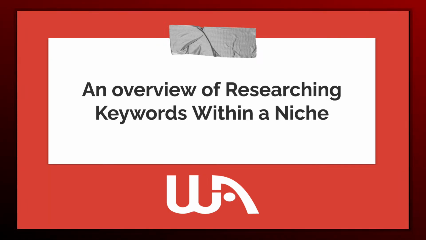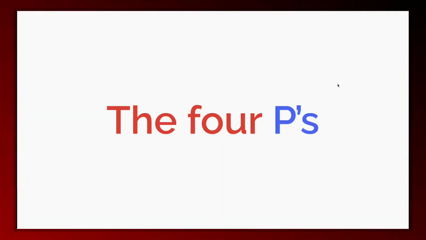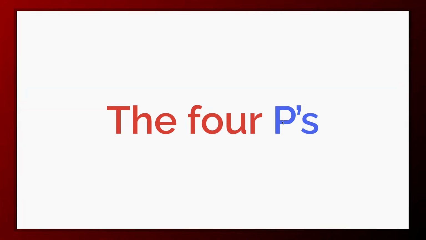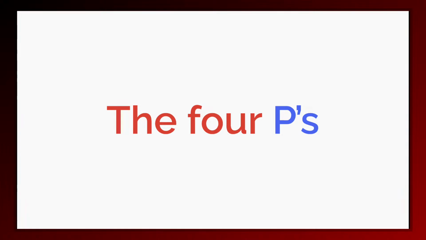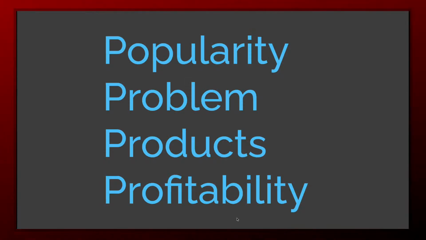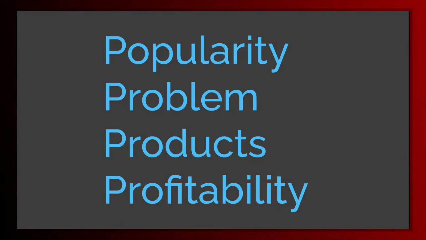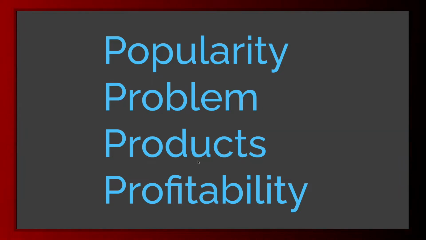So, an overview of researching keywords within a niche. Do you guys remember the 4 Ps? Do you remember those 4 Ps we talked about last class, and class number 1 too, right? Just a reminder, it's popularity, problem, products, and profitability.